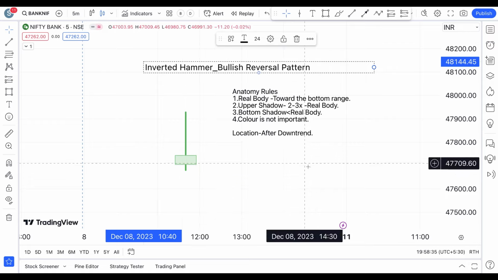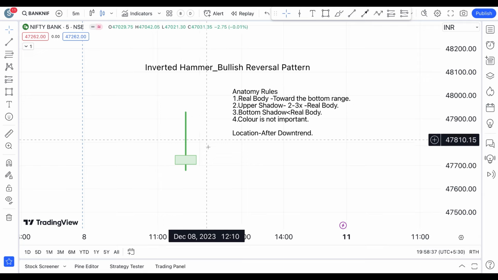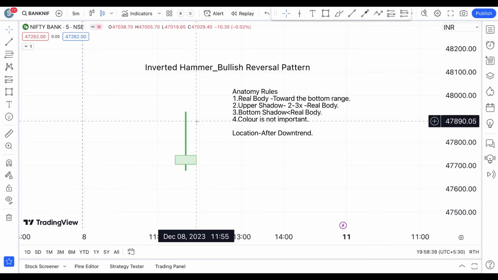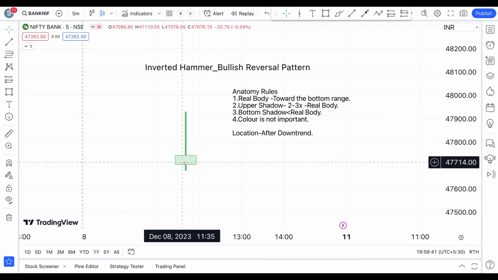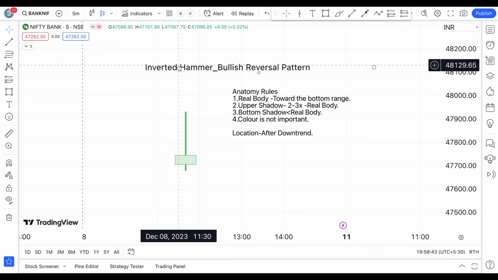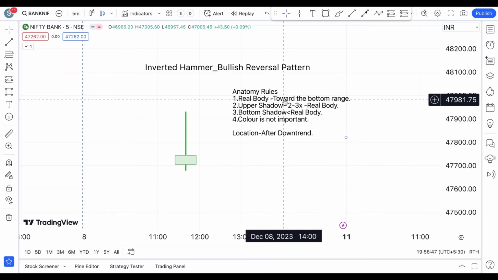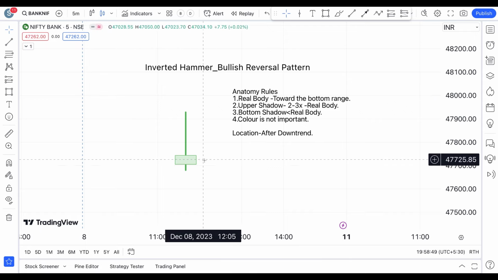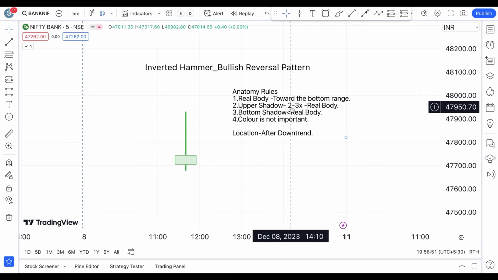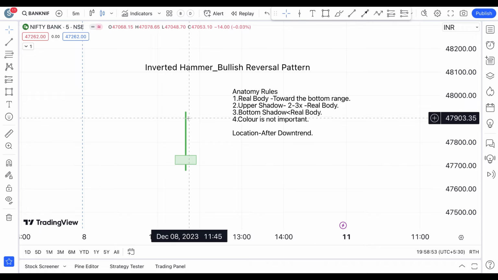If you see any candle like this, whether it is green or red, it can be called an inverted hammer only if you see it after a downtrend, and if it has its real body towards the bottom range like this one, and its upper shadow is at least 2 or 3 times more than the real body.